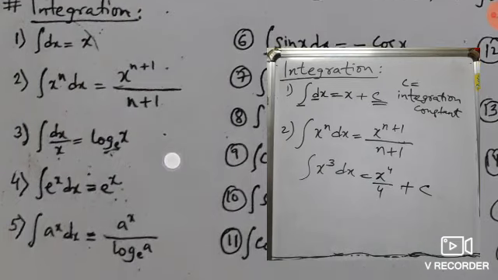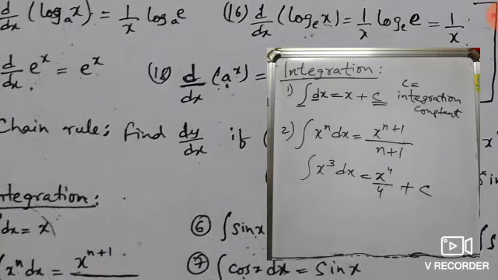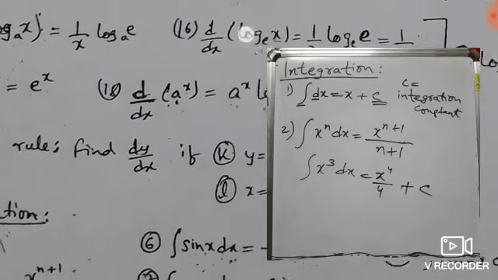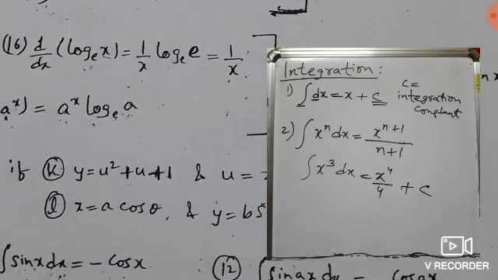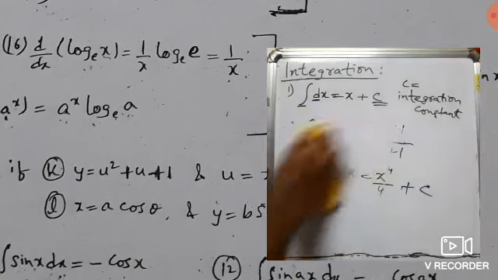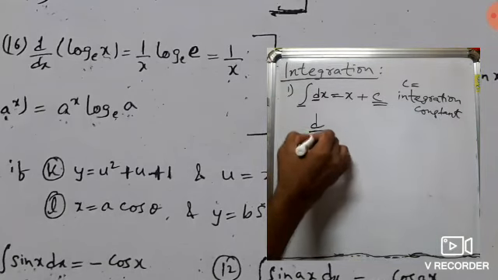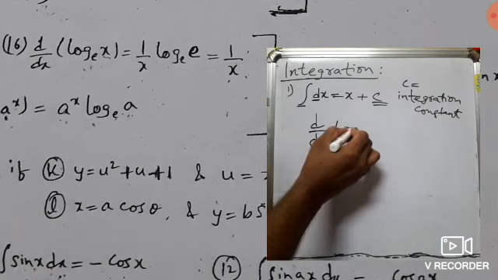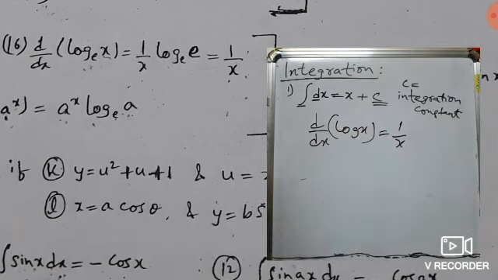We can see point number 3 also, the integration of dx by x is log x. We have seen in differentiation that d dx of log x is 1 by x. So in integration we know d dx of log x gives 1 by x.